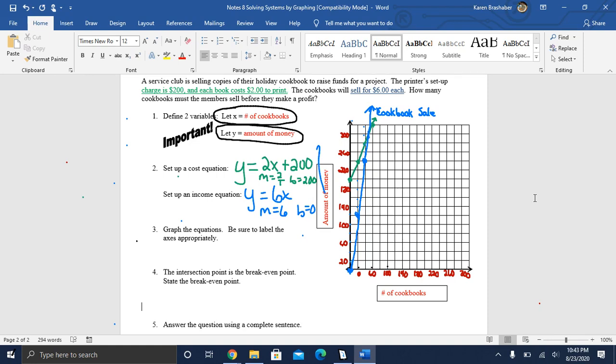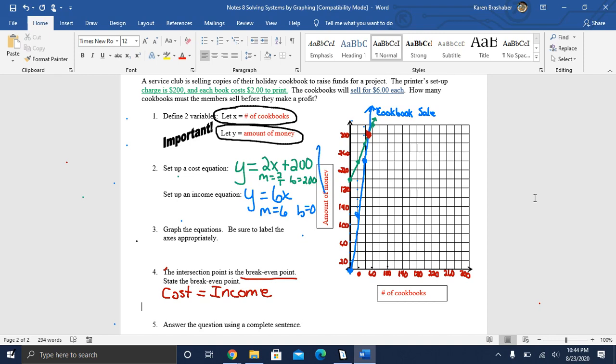So this break-even point is where the cost would equal the income. That's what a break-even does. The cost equals the income, so no money is made, but no money is lost. And looking at our graph, I'm going to tell you that I actually knew it was supposed to happen here, so I worked to make that happen.